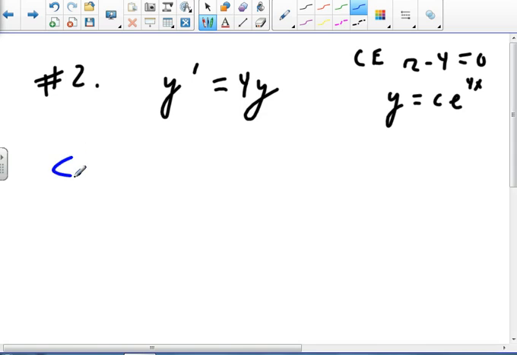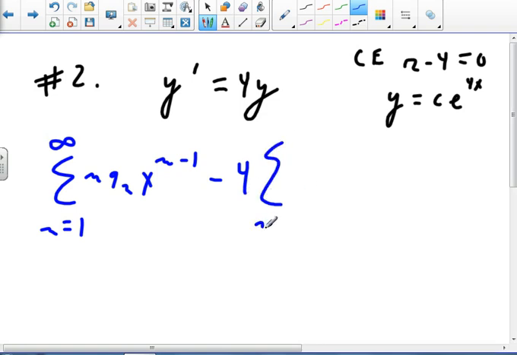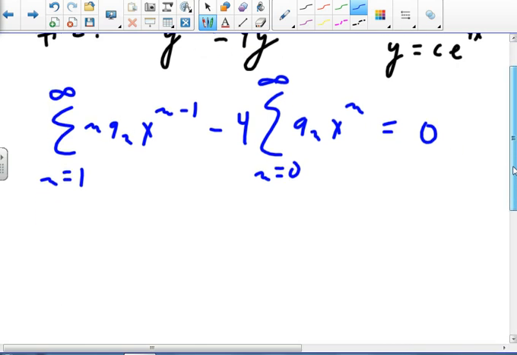So I've got the summation n equals 1 to infinity of n a_n x to the n minus 1, minus 4 times the summation n equals 0 to infinity of a_n x to the n, is equal to 0. So I'm replacing the y and the first derivative of y with my series approximation.